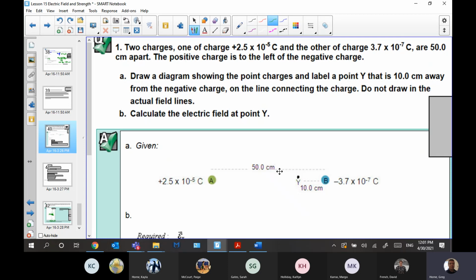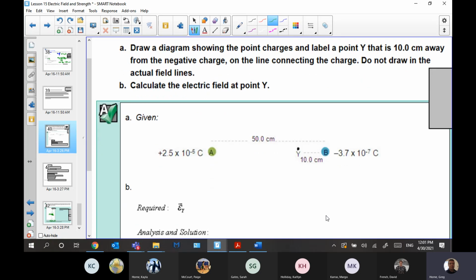They're 50 centimeters apart, and then they want to know the electric field at a point between them. Okay, so label point Y that's 10 centimeters away from the negative charge. Yeah, just follow those diagrams or this description, you get this diagram. No big deal, right? They want to know the electric field.